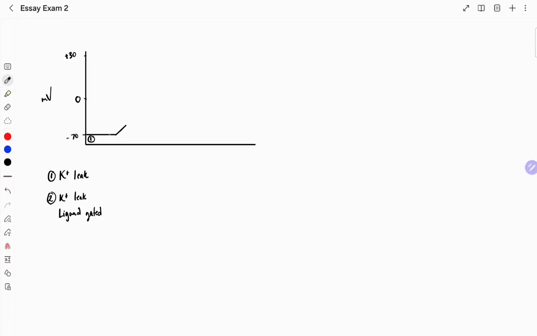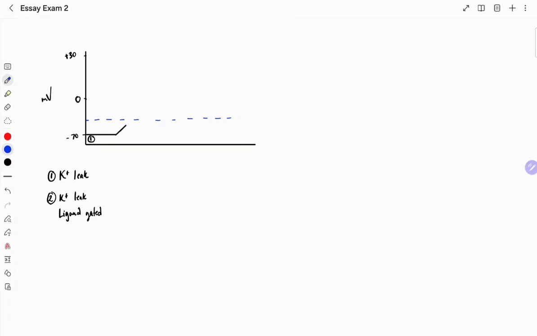This cell depolarizing is moving towards what we would call a threshold. And maybe I'll make this a different color. The threshold is the point at which sodium gated channels will open, allowing much more sodium into the cell.